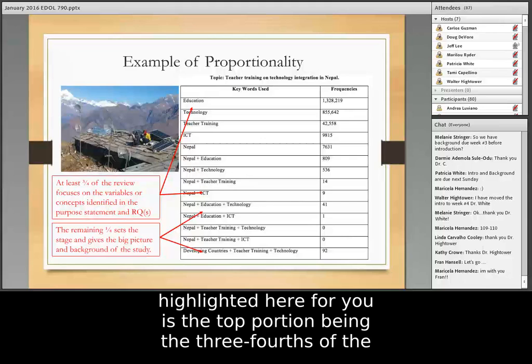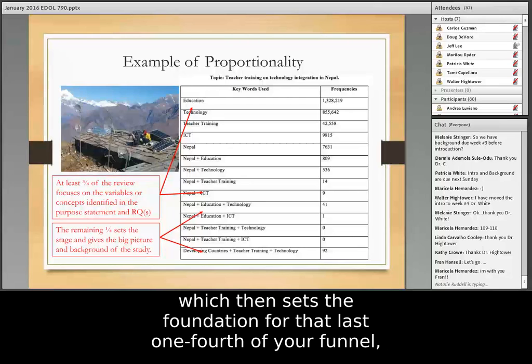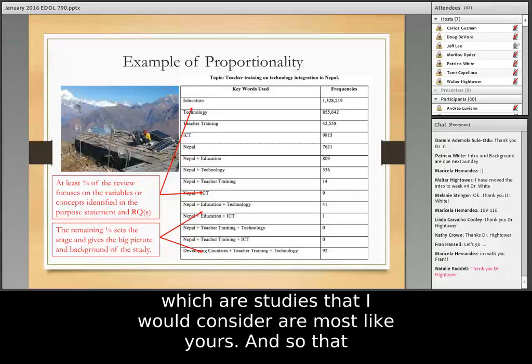And so what I've highlighted here for you is the top portion being the 3/4 of the review that focuses on the variables or a few combinations of variables, which then sets the foundation for that last 1/4 of your funnel, which are studies that I would consider are most like yours, right?